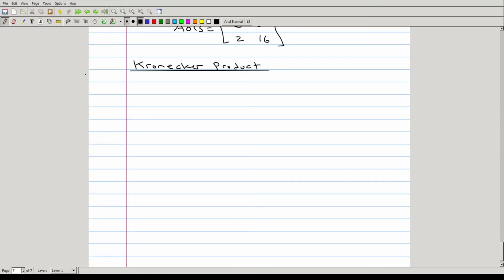For the Kronecker product, you can define this generally, so A is an m by n matrix, and B is a p by q matrix. The Kronecker product is denoted as A circle cross B, and we pull in the definition of scalar multiplication here.